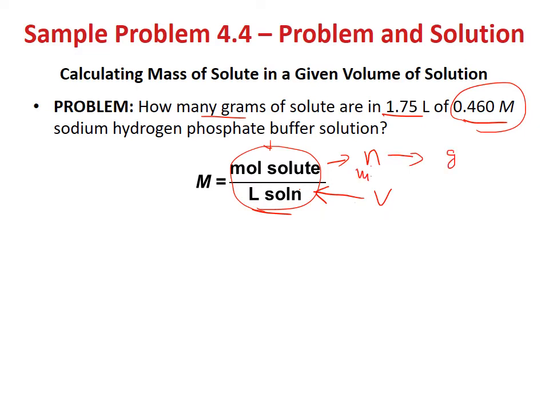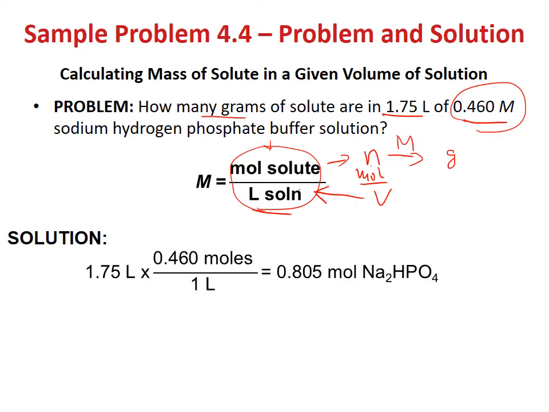So moles of the solute, calculate grams of the solute by molar mass. So let's start with volume, 1.75 liter, and then the molarity, 0.46 molarity means 0.46 moles of the solute per liter of the solution.